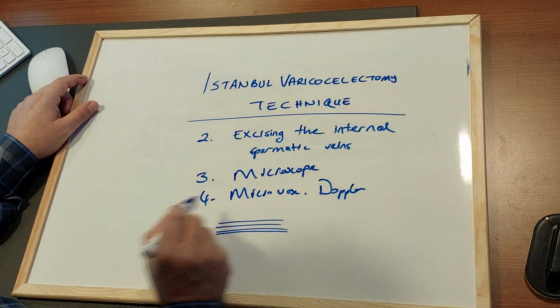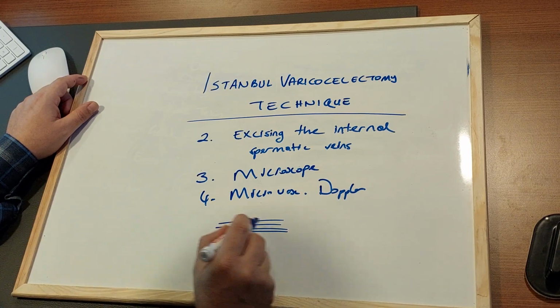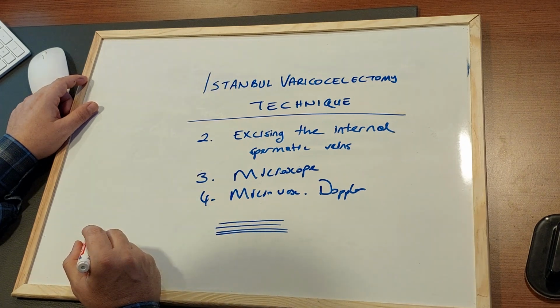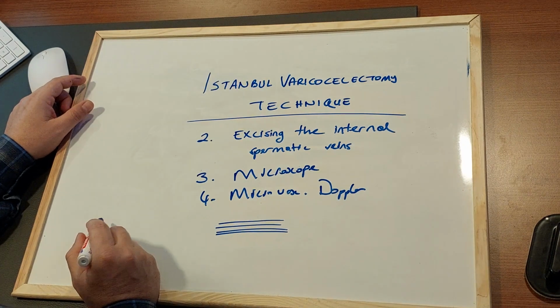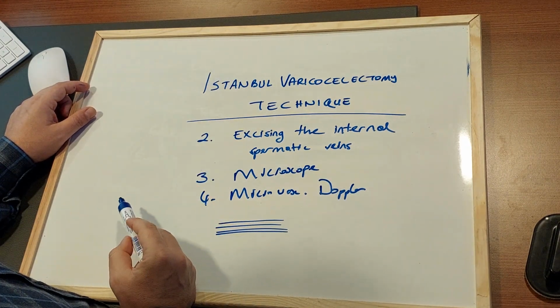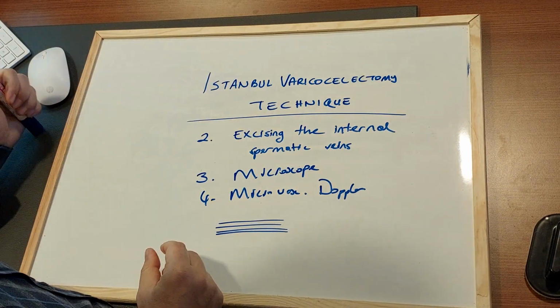In that part, you can use the microvascular Doppler to differentiate them. It gives a different sound for the artery and a different sound for the vein. With these four steps, we call it the Istanbul Varicocelectomy technique, and I believe it's really working well.